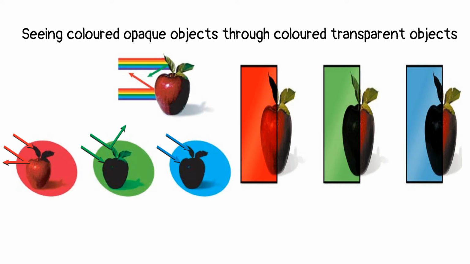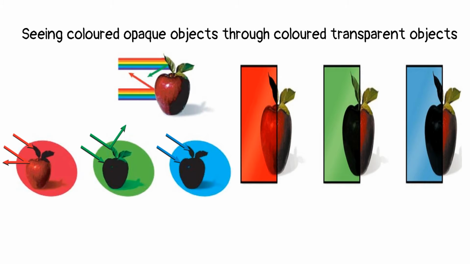The red color falls on the green glass sheet. The green glass sheet absorbs the red light and it doesn't transmit it. Why? Because the green glass sheet only transmits its own color and there is no green color in this case. So the red apple seems black.